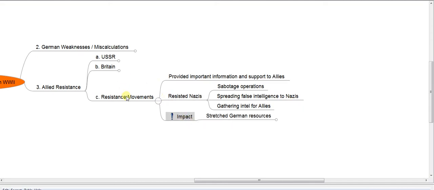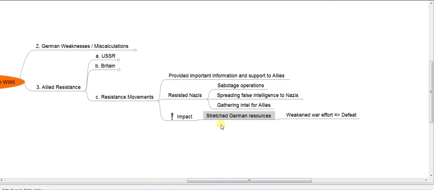Because the resistance movements were there, the Nazis had to tackle them, so this further drained German resources, as resources were channeled to dealing with them. You had the French resistance, and you had the Eastern European resistance, for example the Polish underground communists.